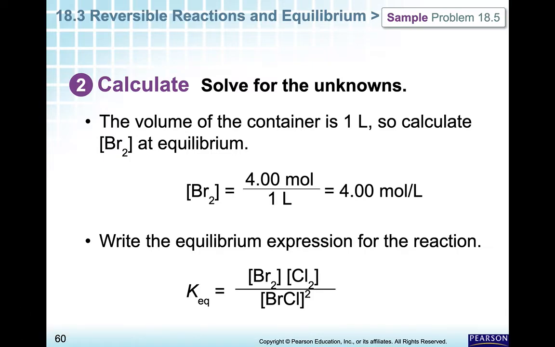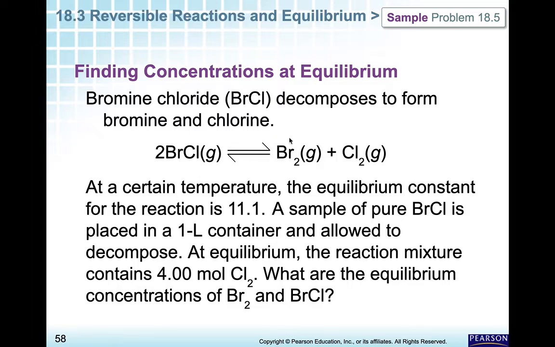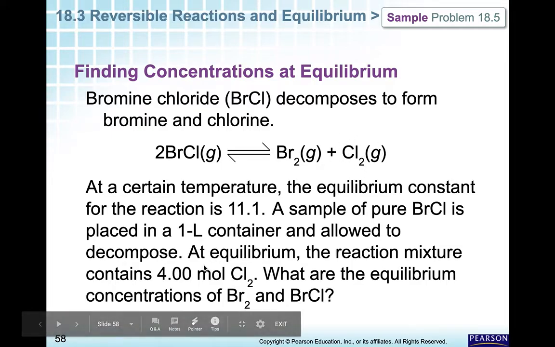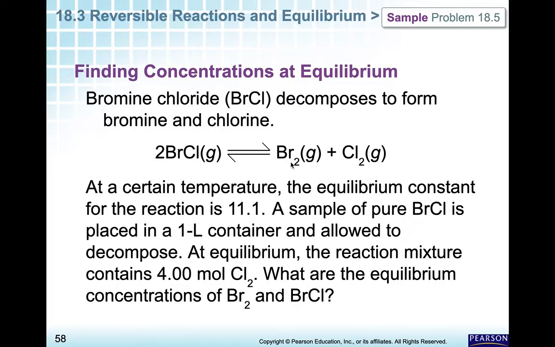So this comes from, let me go back, again, our balanced equation. This is something we had to figure out just based on stoichiometry. We are told that we get 4 moles of chlorine at equilibrium. Well, we can't create chlorine without also creating bromine, right? They're being produced because this is breaking apart.